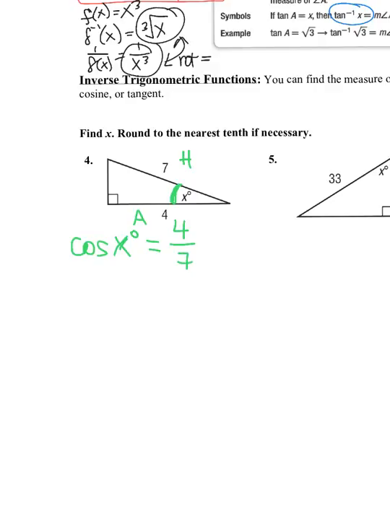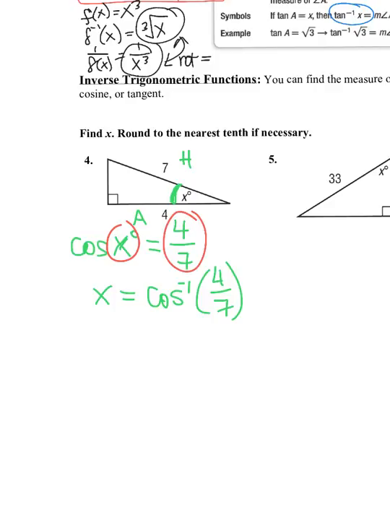Notice things are a little bit different. Our unknown is not part of the ratio. Instead, our unknown is our angle. So that's how we know to use inverse cosine, when you don't know the angle. So our angle x is going to be the inverse cosine of that ratio 4 over 7.